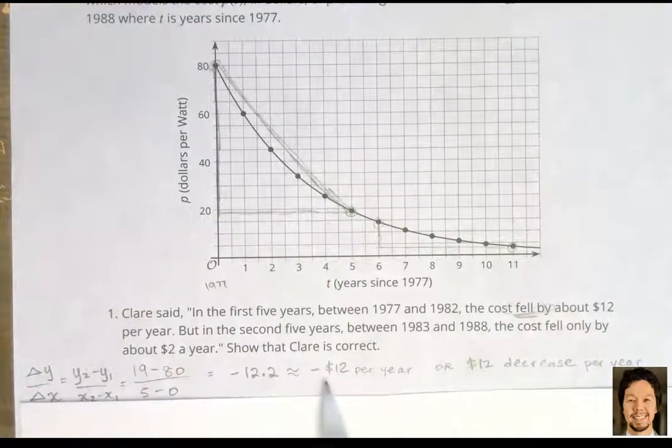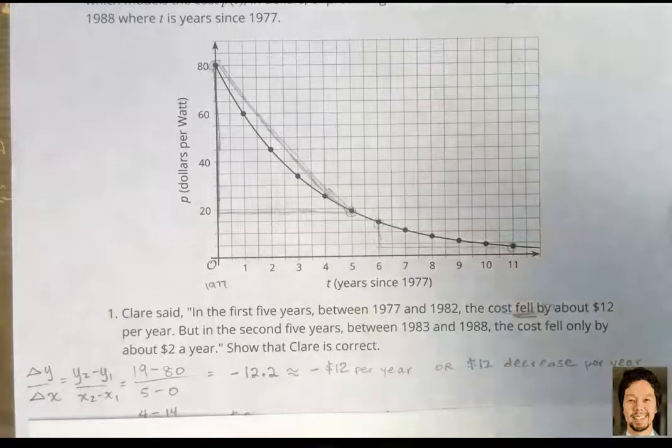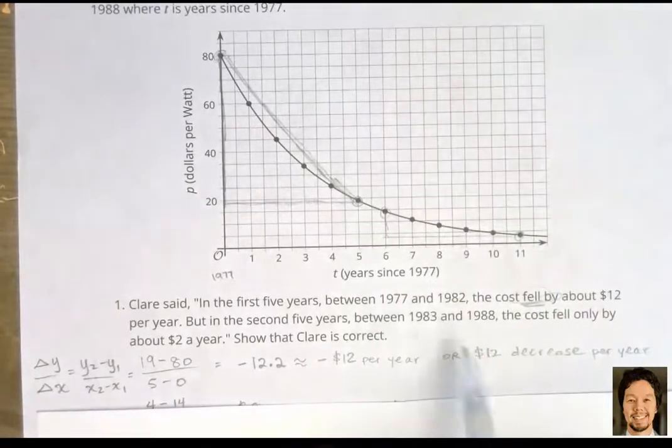So negative $12 per year, you could also say, is a $12 decrease per year. Notice that 12 is now positive, $12 decrease. Let's try the next interval of time.